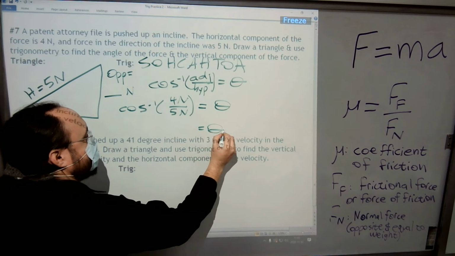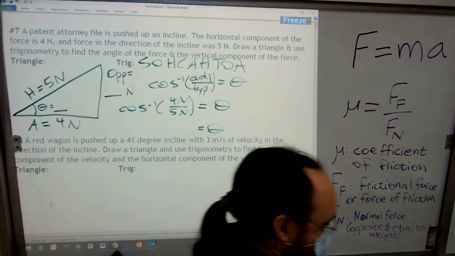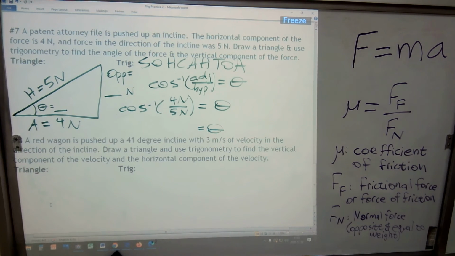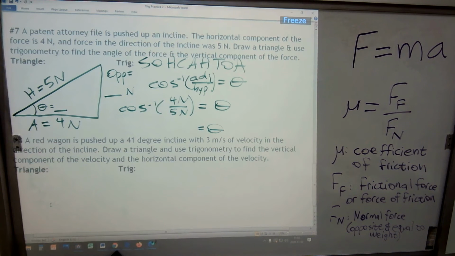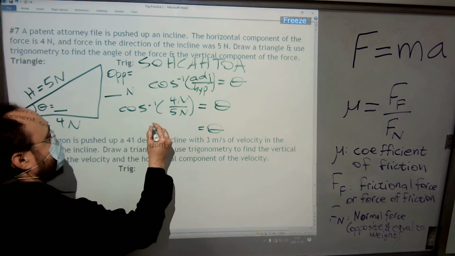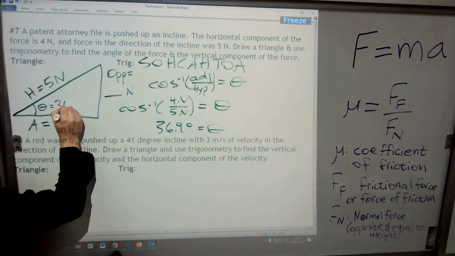And so the angle is going to equal whatever that is. Okay, inverse cosine of 4 over 5, also known as 0.8. 36.9 degrees. Okay, there we go. You've got an angle now.